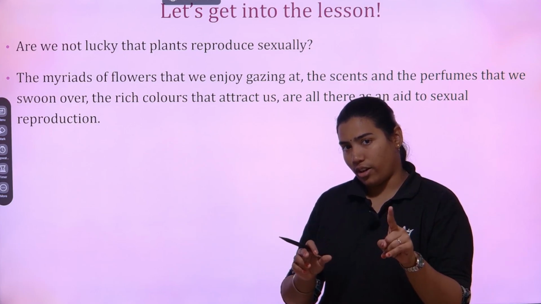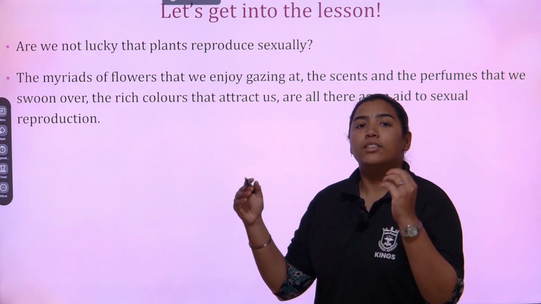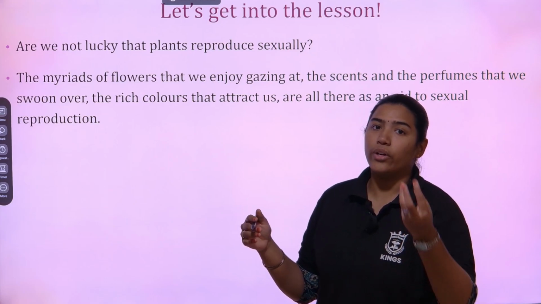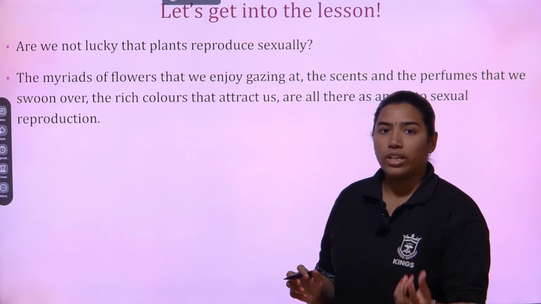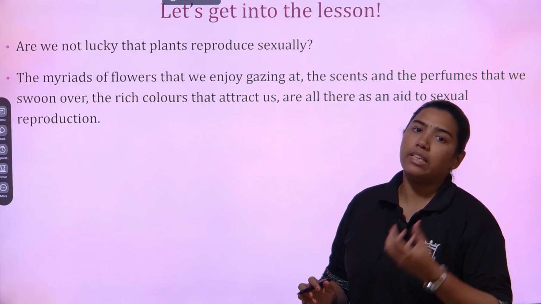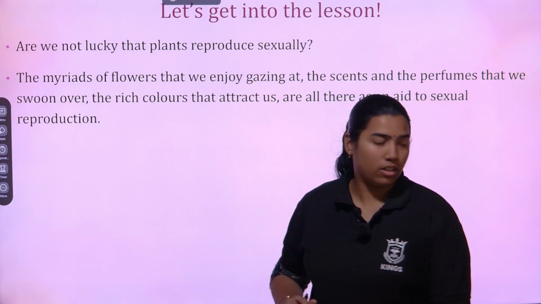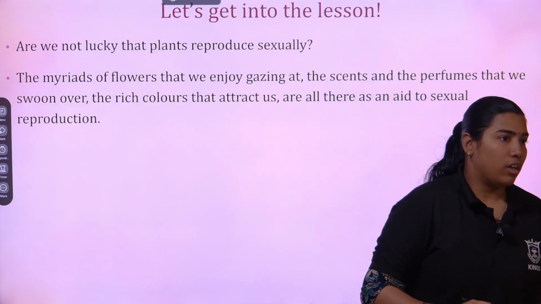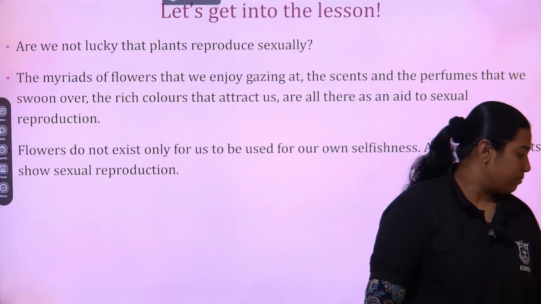Everything is not to attract you, obviously. Everything is to attract whom? Beautiful pollinators who are going to help in fertilizing the ovary and the egg and forming the embryo and fruit. That is the main reason why the flowers are so fragrant, so colorful, everything.